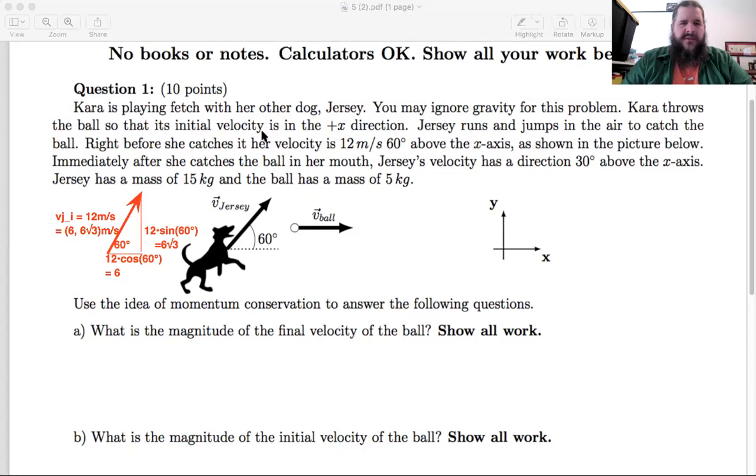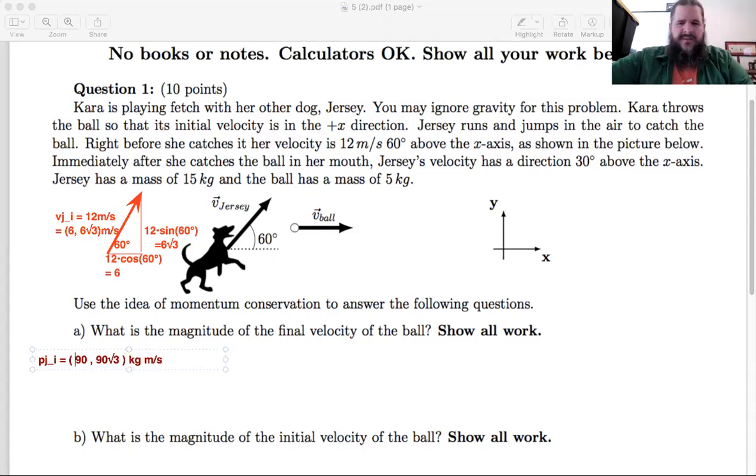So let's go ahead and multiply the components. We can say the initial momentum of the dog Jersey is 6 times 15, that'll be 90, and then 6 root 3 times 15, that'll be 90 root 3 kilogram meters per second.